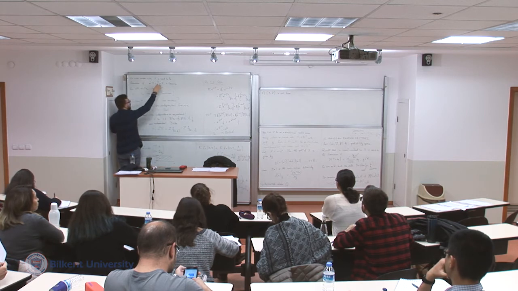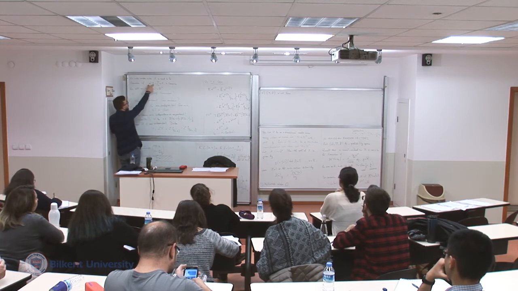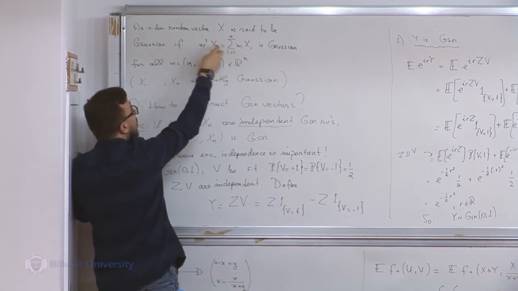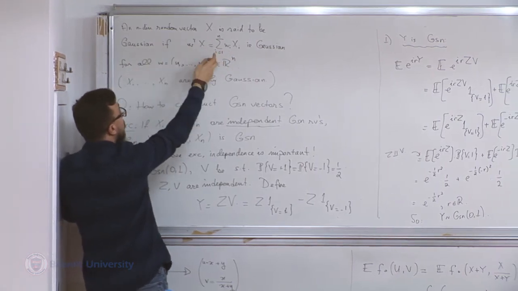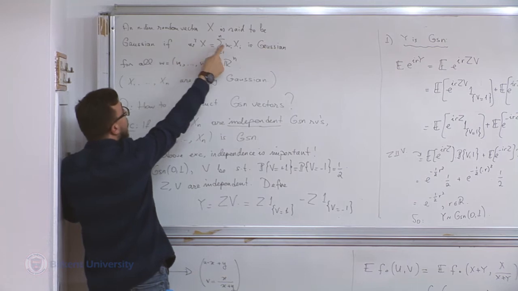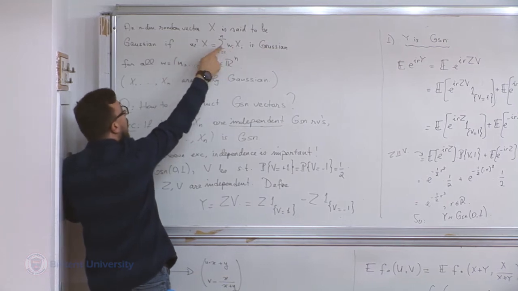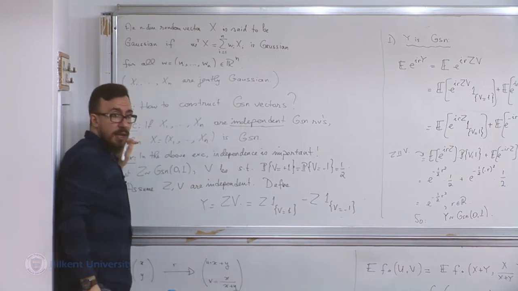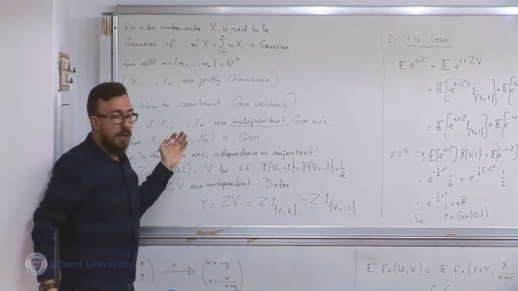This means every linear combination must be a Gaussian random variable. So if I'd like to prove that something is not a Gaussian random vector, I need to find one weight vector for which this linear combination is not Gaussian, right?